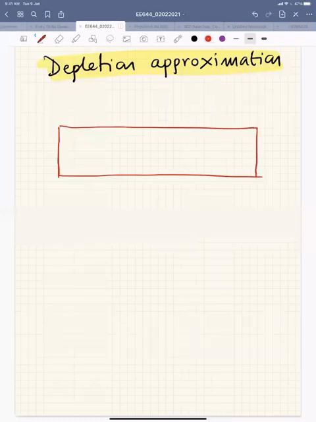Sir, there are no charges, but the holes from one side and electrons from the other side recombine. No, that is not the depletion approximation. Sir, the depletion width is 0, maybe as an approximation. The depletion width cannot be 0, right? Sir, it is not 0, but it is small.